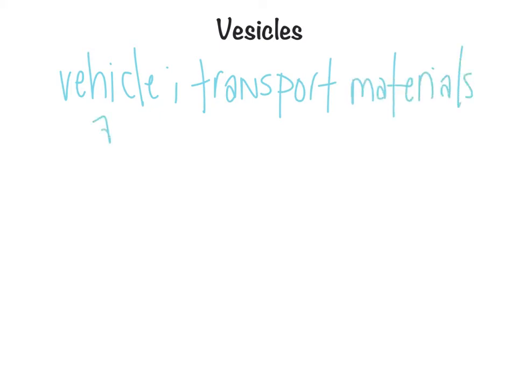Normally it's nutrients, things like that. It can actually merge with the cell membrane and release all of its stuff so other cells can get it. But it basically just moves through that cytoplasm and transports things throughout the cell.